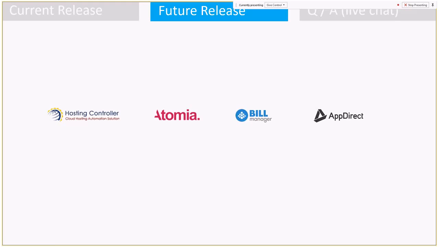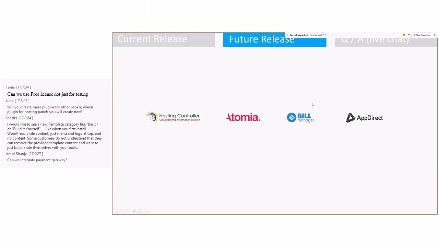It does not depend on us, it depends on the panel, because we have a lot of questions to discuss with them. At the moment, all these integrations are in progress. We're planning to close Atomia this month. If we succeed, maybe Hosting Controller and Bill Manager as well.